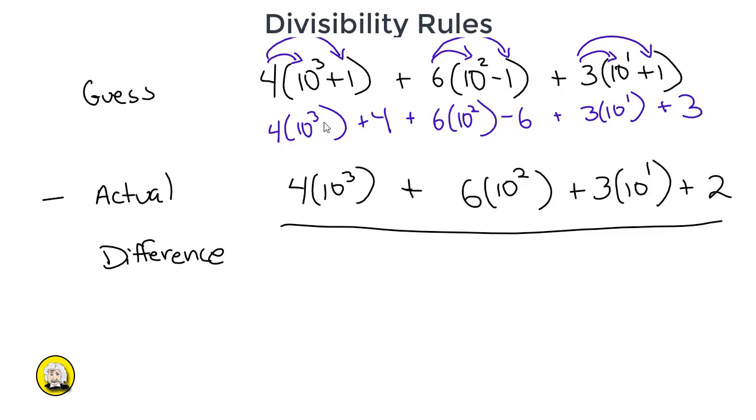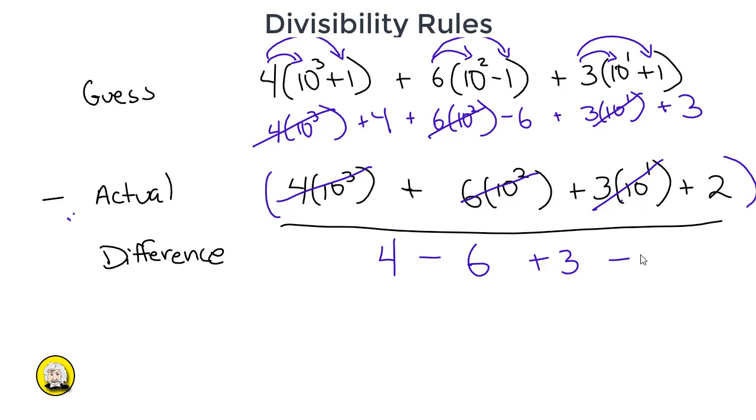So right away we can see our 4 times 10 to the third minus our 4 times 10 to the third just results in 0. 6 times 10 squared minus 6 times 10 squared, and again this minus is multiplied through the entire actual number, so that is positive minus, they cancel, plus 3 times 10 to the 1 minus our 3 times 10 to the 1, those cancel, which leaves us only a difference of 4 minus 6 plus 3 minus our 2.